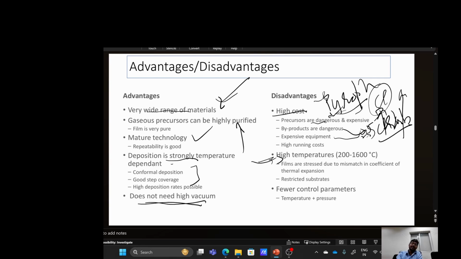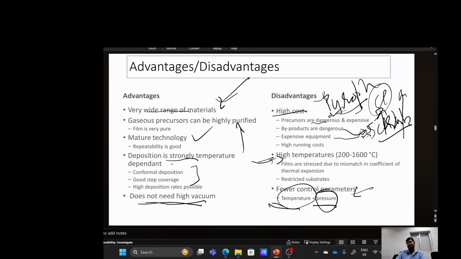Another thing is you have very little control, because there are only two parameters that you can control for the film growth: one is the temperature, and one is the pressure. In your instrument only these things you can control. Some new variants are coming, like atmospheric pressure CVD and low pressure CVD, but there also you can tune only the pressure or the temperature.